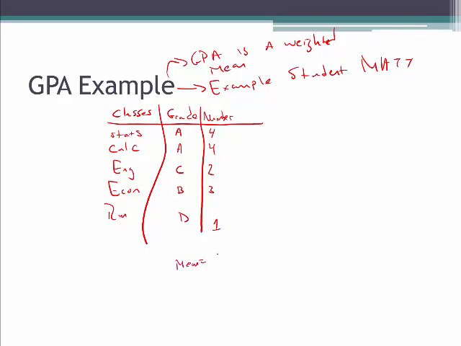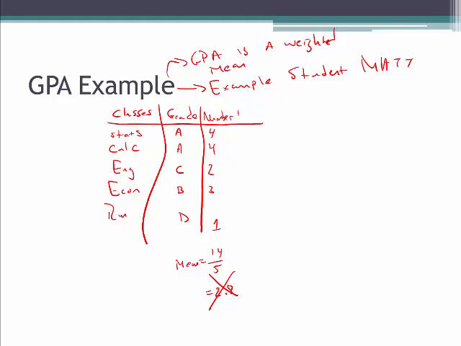If you just take the regular mean of this and just add these up, 4, 8, 10, 13, 14, the student was taking 5 classes, we'd say their GPA is a 2.8, okay? But that's not correct. That's not how they really do a GPA, right? I mean, if you think about it, stats and calculus are way more important than the running class.